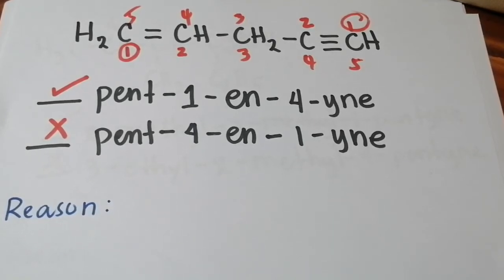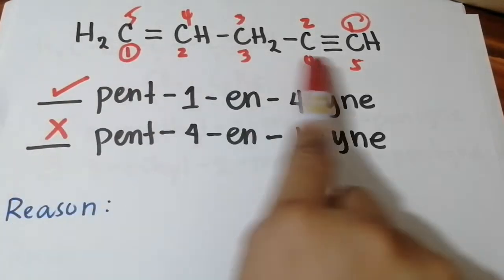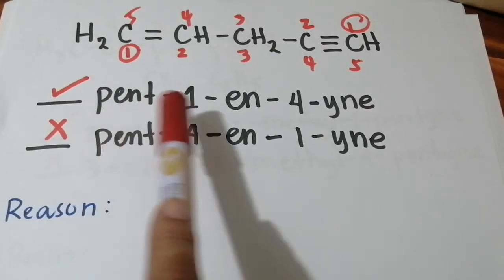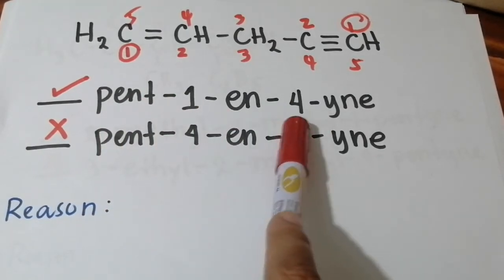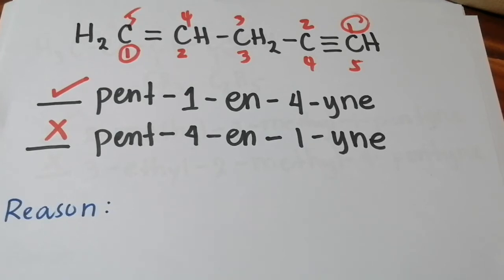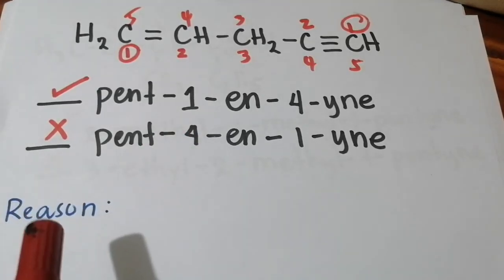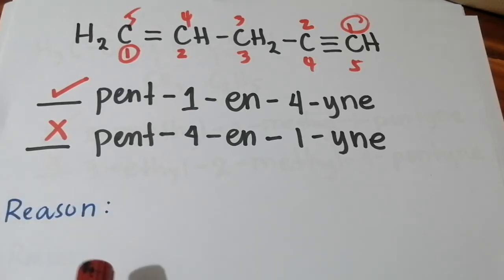This is the reason why the answer to this one is pent-1-en-4-yne. By the way, if we are naming a molecule that has both the double and the triple bond, we have to start naming with the double bond, whatever the location of the double bond, before the triple bond.